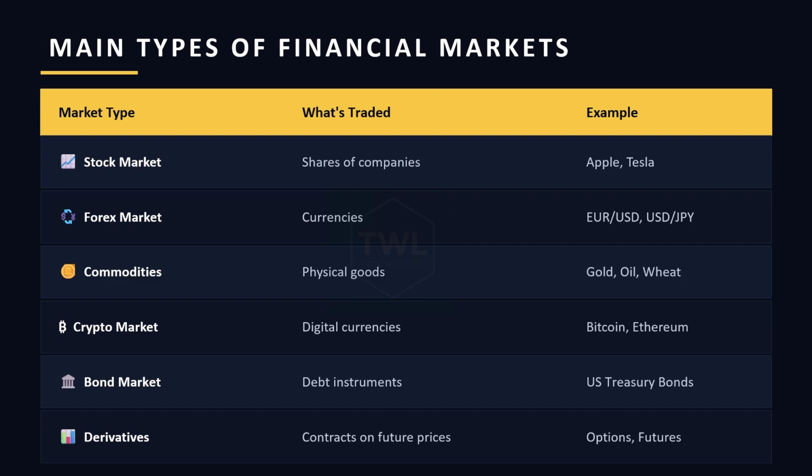The crypto market, digital currencies like Bitcoin and Ethereum. The bond market, essentially debt, often from governments. And the derivatives market, contracts based on future prices like options and futures. You don't need to master all of these right now, just know they exist and know which one we're focusing on.